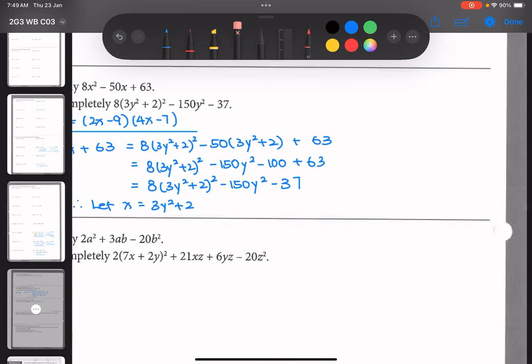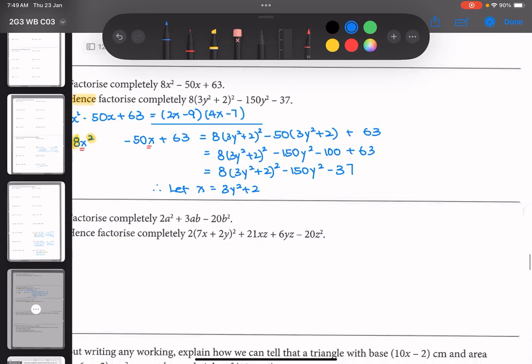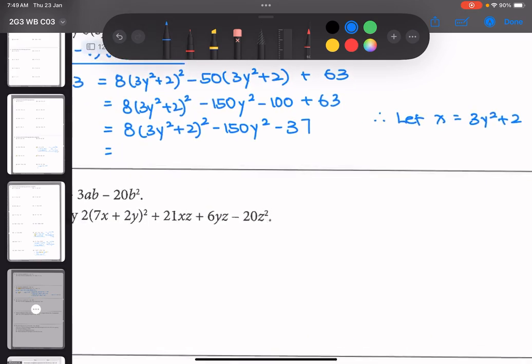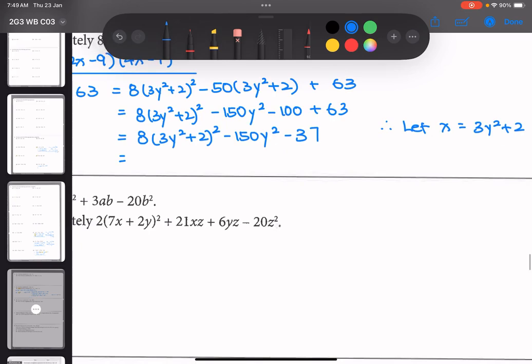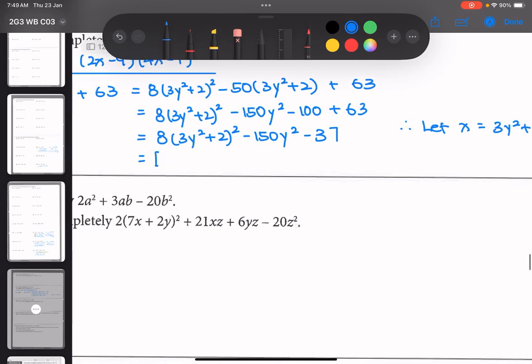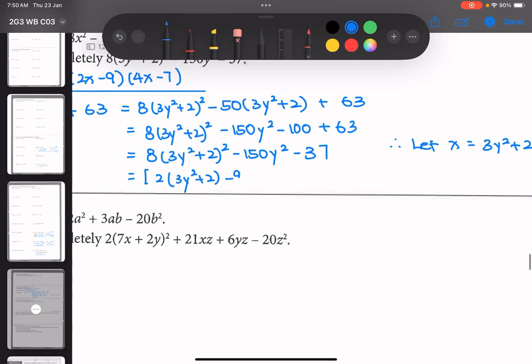Okay, I write beside. How do I factorize? So limited with space. My two brackets. First bracket is 2 bracket minus 9.